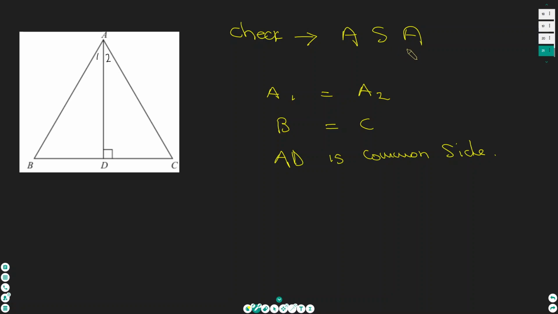So this is also true. Angle, side, angle, and so the two triangles ABD and ACD are congruent.